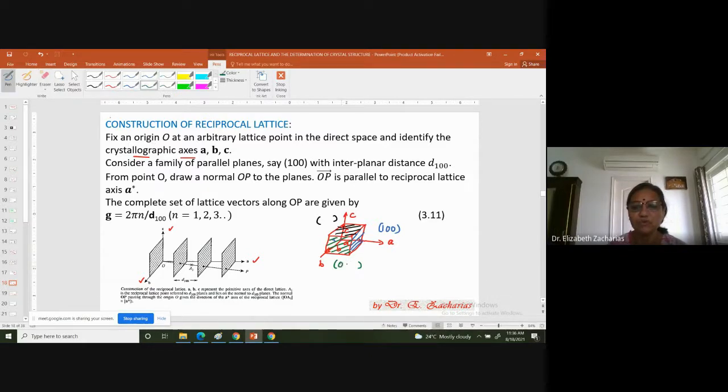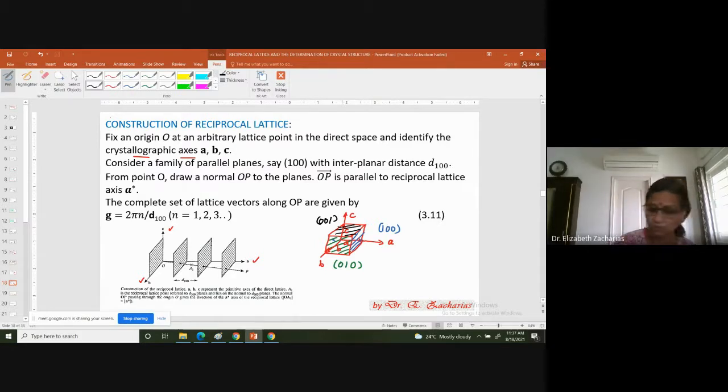I said it is 0, 1, 0, because this plane is cutting the B axis and it is not cutting A and C. It is cutting A and C at infinity. So the reciprocal of that is going to be 0. So 0, 1, 0. Are you understanding this? Yes, ma'am. Right. Similarly, for the third plane, it will be 0, 0, 1. I want you to remember these three planes.